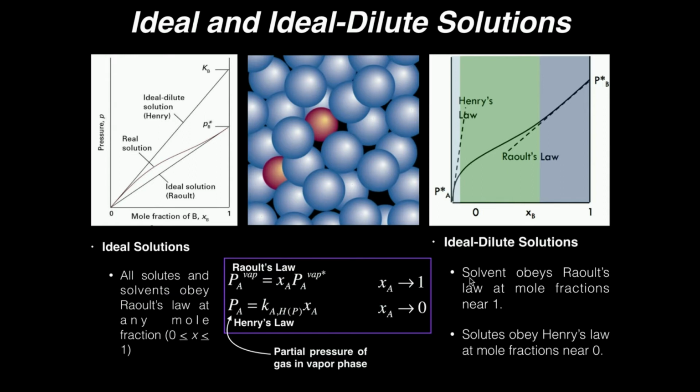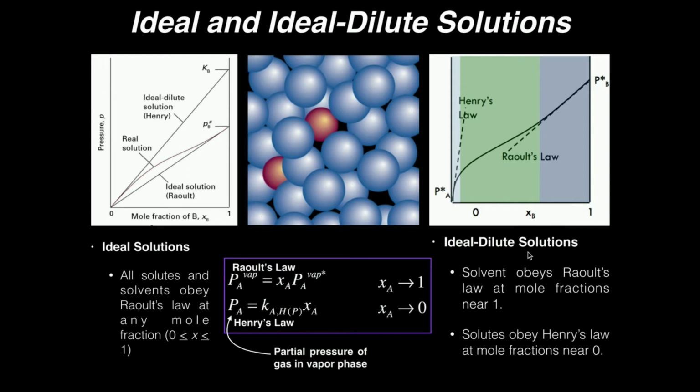When ethanol is the solvent, so when it's at a high mole fraction, it must obey Raoult's law, okay? Same species, ethanol. Now assume it's the solute, a low mole fraction. At a low mole fraction, that ethanol would have to obey Henry's law. So what the ideal dilute solution basically says is that under different conditions, it has to obey certain laws.